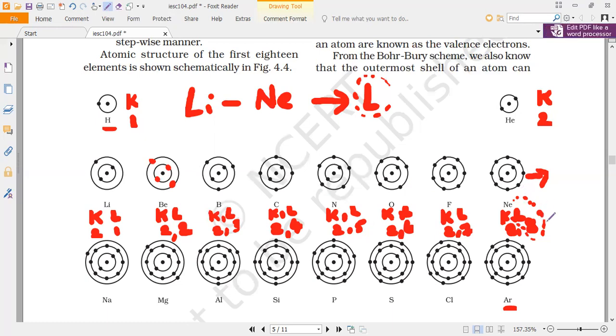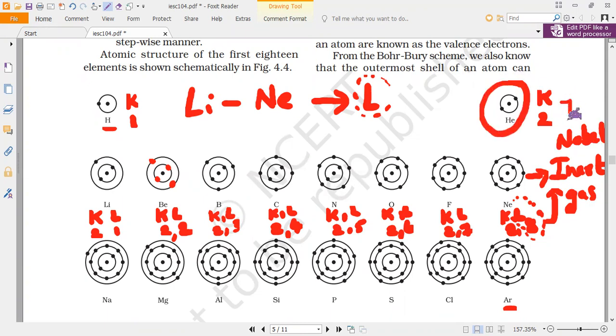8. So whenever you get 8 in the valence shell, I told you that is called as which gas? Yes, inert gas, or we can say noble gas. Helium also is a noble gas. Why?